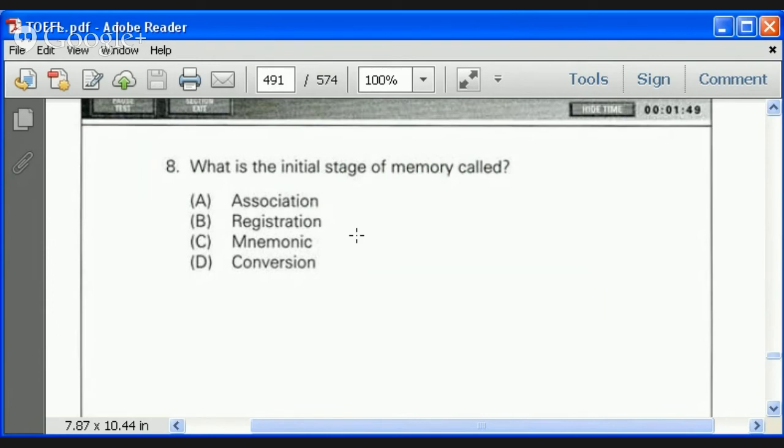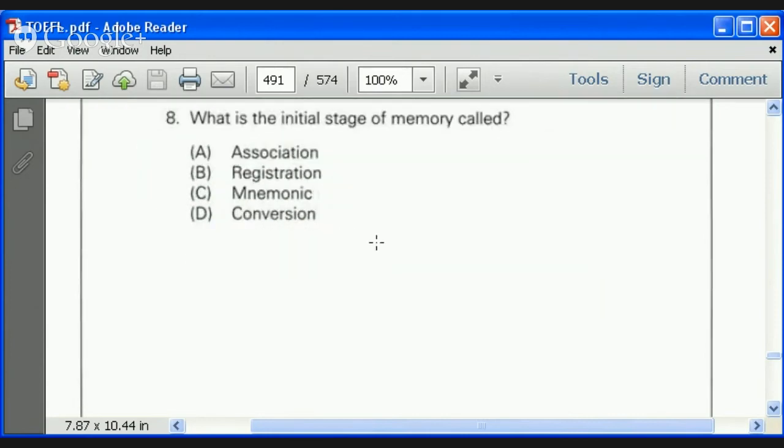Okay. Would my notes have helped? Well, absolutely. Initial stage, registration, I already have it in my notes. Labeled number 1. Number 1, initial. For me, in my note taking, this is a super fast question. It couldn't be more simple. Again, TOEFL is all about knowing the relationship between the keywords that are being expressed.